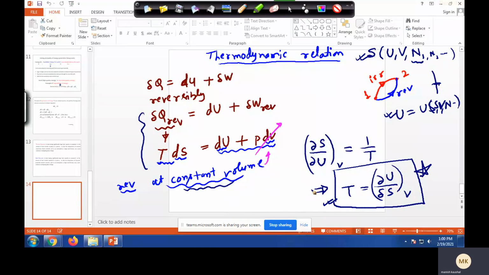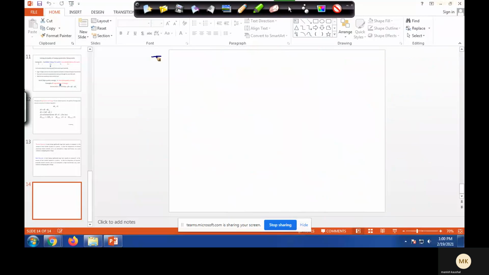What else can we get from here? In the same expression, let's go to the next page. TdS is equal to, of course the process is reversible, dU plus P dV. Now, if the process takes place at constant S, what will happen?